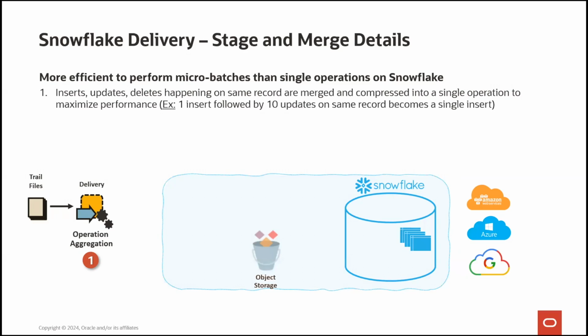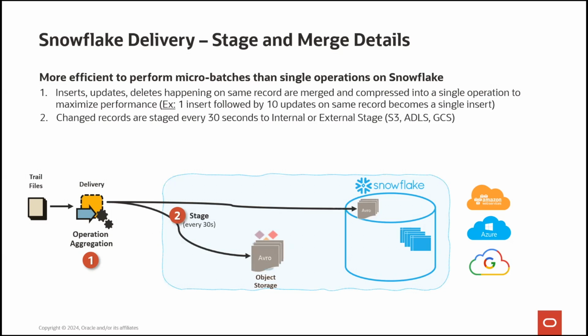We're just going to send one that contains the insert with the final result of the 5 updates that happened after that. This reduces the amount of data that we have to stage, that we push over the network, and that ultimately Snowflake has to process. So that's a best practice when it comes to loading cloud data warehouses.